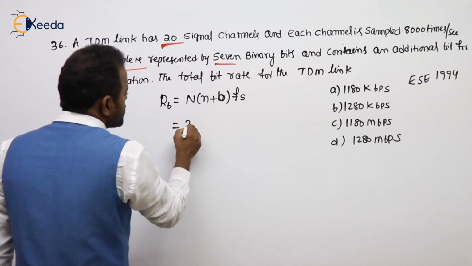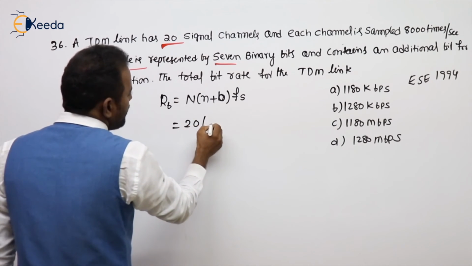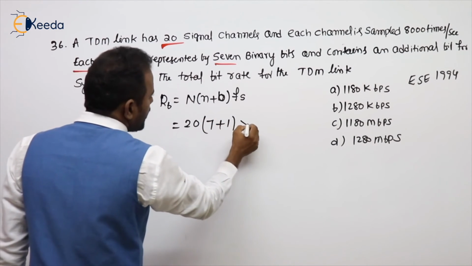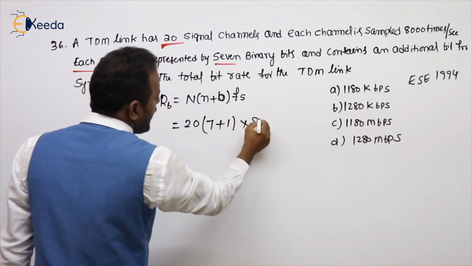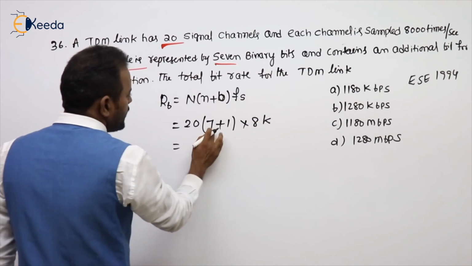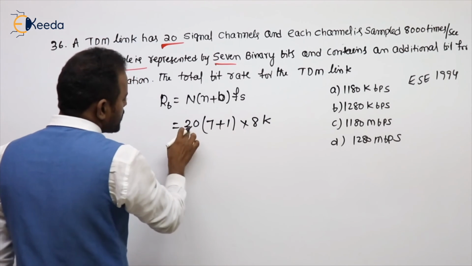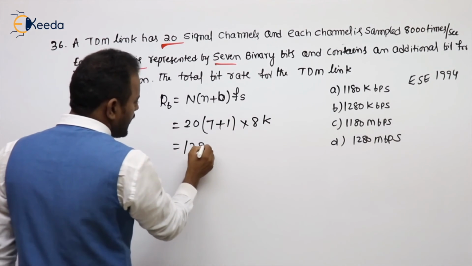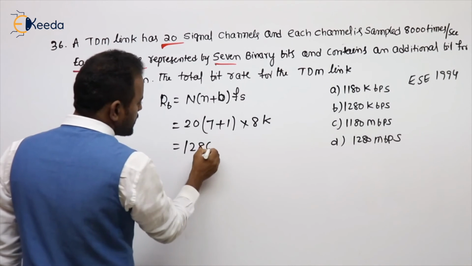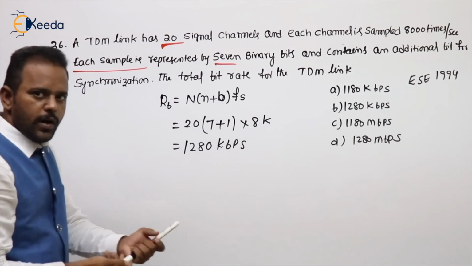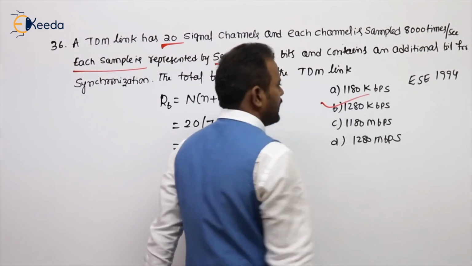The number of signals, 20. Small n is 7. Synchronization bits is 1, times Fs. Fs is given as 8K. 7 plus 1 is 8, 8 times 8 is 64, 64 times 2 is 128, then 0 and K. So option B is the correct one.